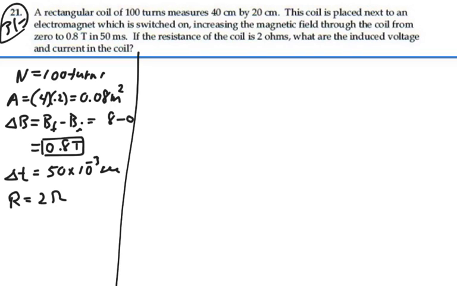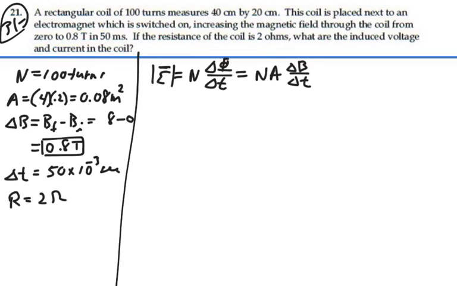We have that the magnitude of the average EMF induced will equal the number of turns times the change in flux per change in time, at least the magnitude of it. And that's going to be equal to the number of turns times the area times the change in magnetic field per change in time, because the orientation is not changing and the area is constant.